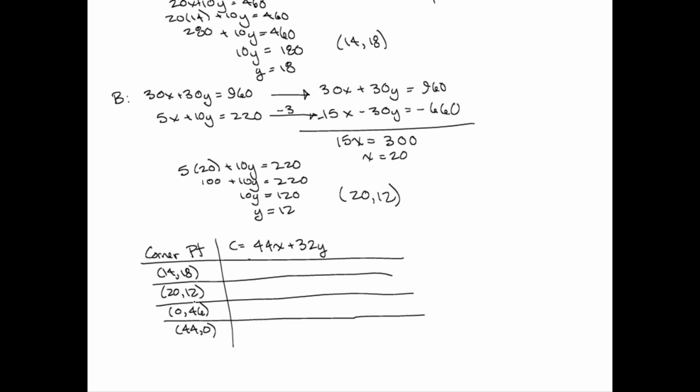So we do the calculations. Here we have 44 times 14 plus 32 times 18, which should turn out to be 1,192.